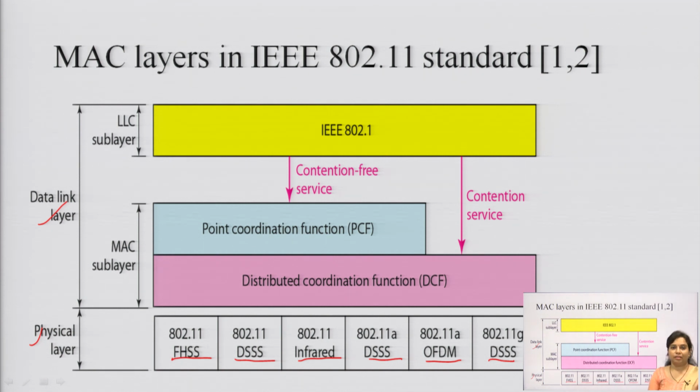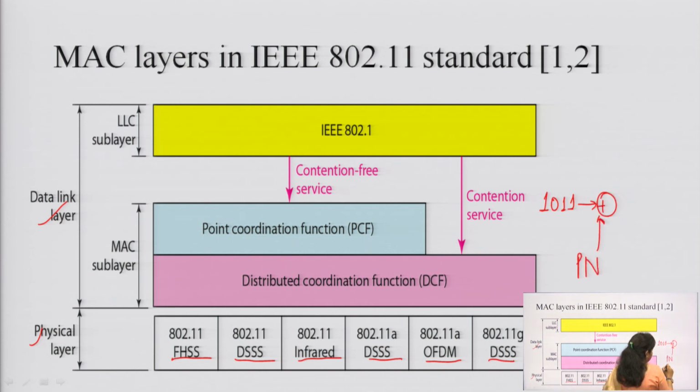Now, first I will tell you what spread spectrum is. Spectrum is a kind of technique for the purpose of encryption. Whenever there is a single message, a single user wants to transmit the data, let us say 1011 data has to be transmitted, this is modulo 2 addition, and there is a PN sequence which has been generated, and this has a larger number of bits as compared to the message bits.